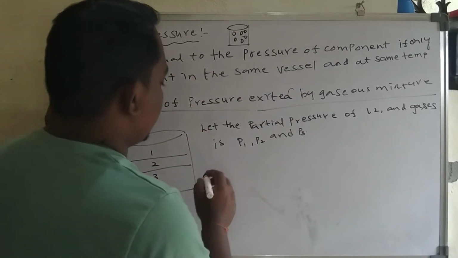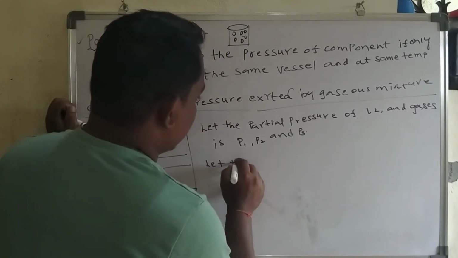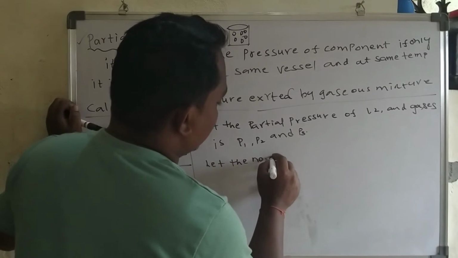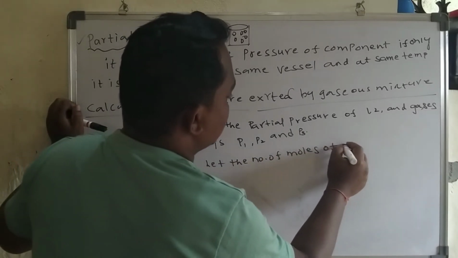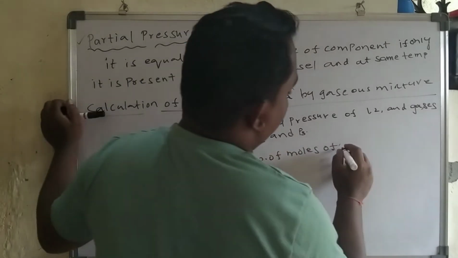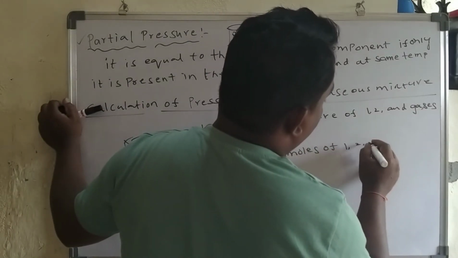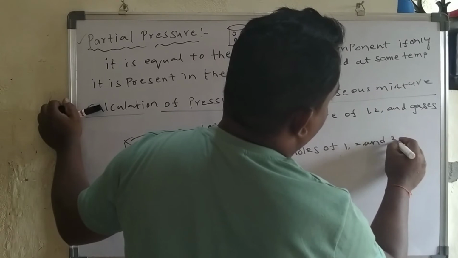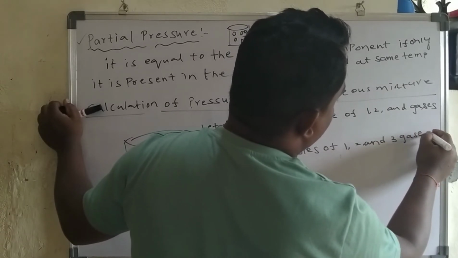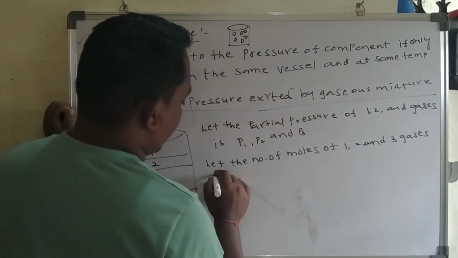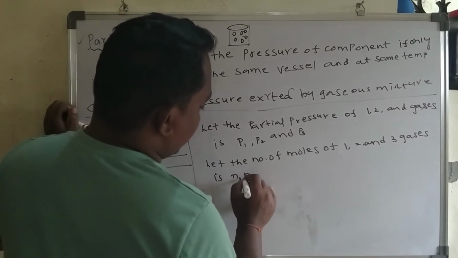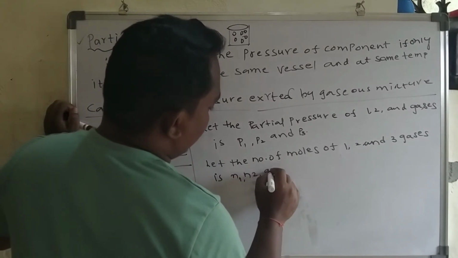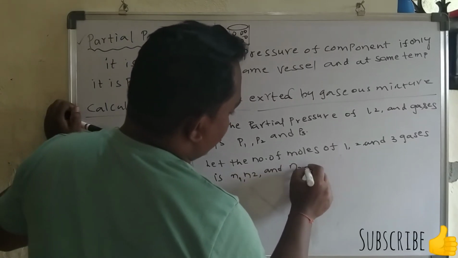Let the number of moles of gases 1, 2 and 3 be n1, n2 and n3.